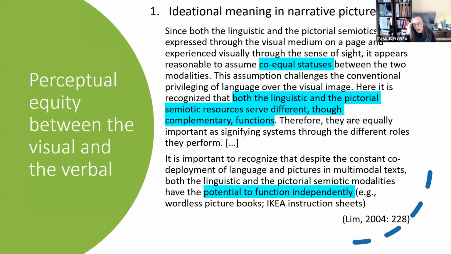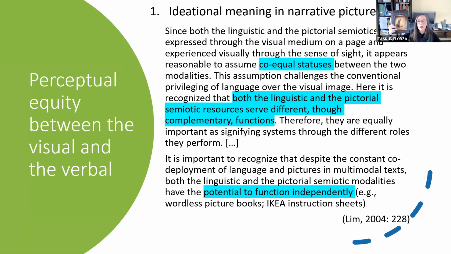So Victor Lim highlights that the visual and the verbal modes have co-equal statuses. The idea is that both semiotic modes are complementary. They are different, but potentially they can function independently. For instance, we have many picture books that are wordless.